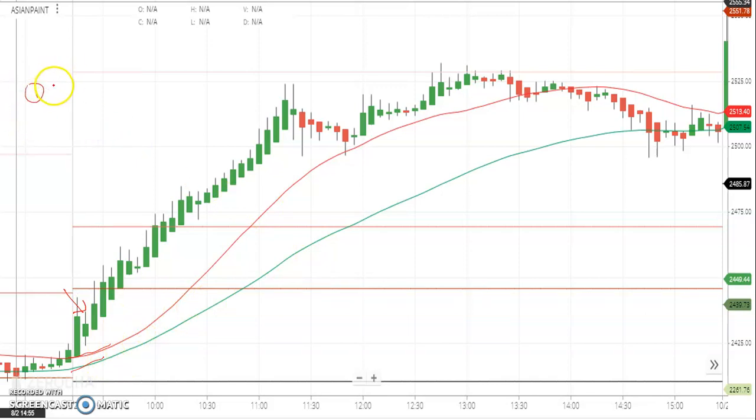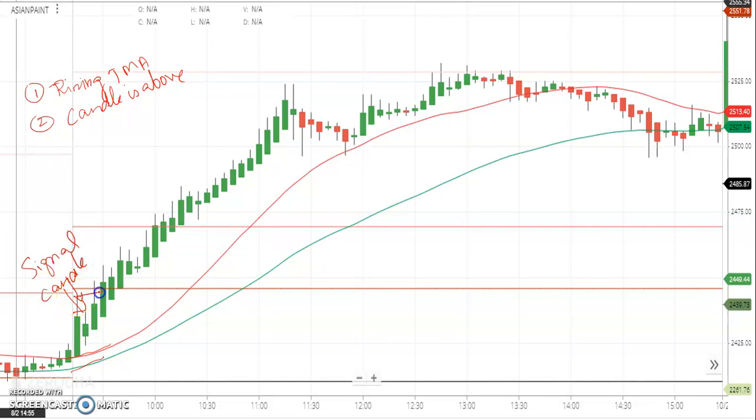First thing, just note it down. First, it's a rising twin moving average. Second, the candle is above the moving averages. So this is the signal candle. The first candle which is above the twin moving average is called the signal candle.